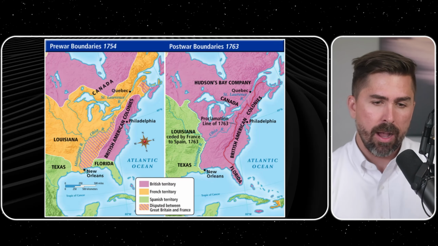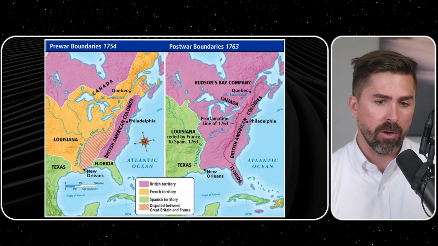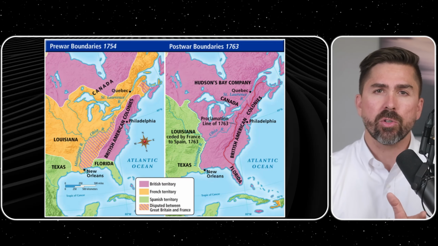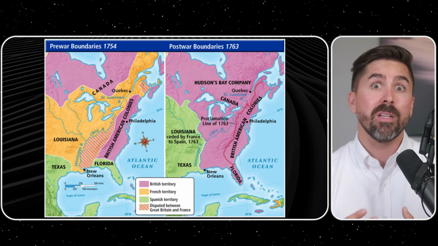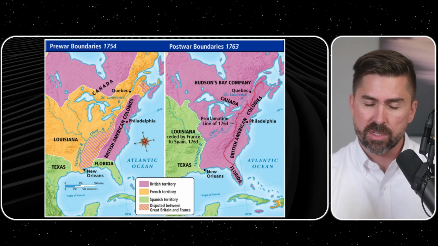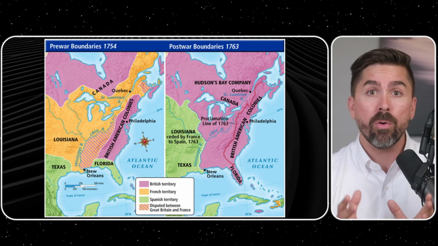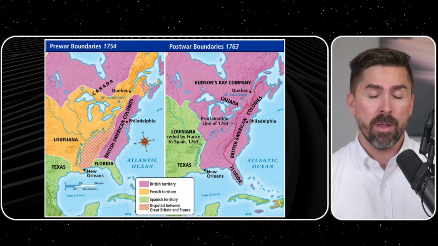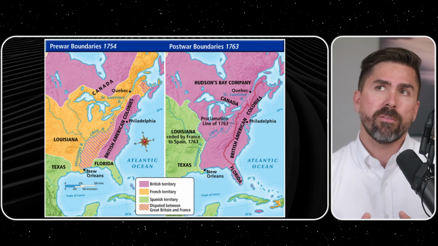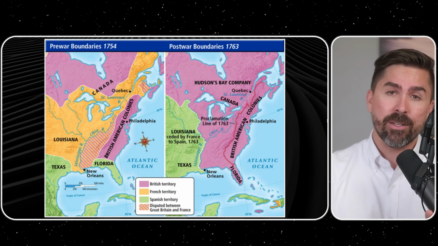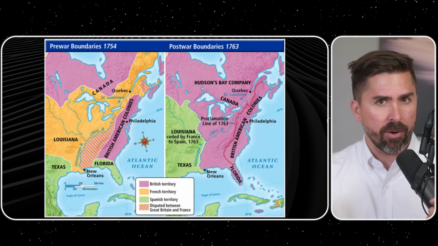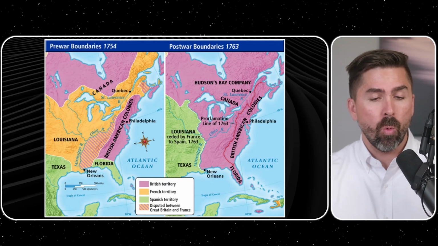If you look at the map that you see in front of you here, you've got those pink areas, those are controlled by England, and you've got those orange areas that were claimed by France. And of course, you see that there's a sliver in between where both countries have laid claim to that territory. The reason it's called the French and Indian War is because both sides had Native American tribes that were fighting as well.